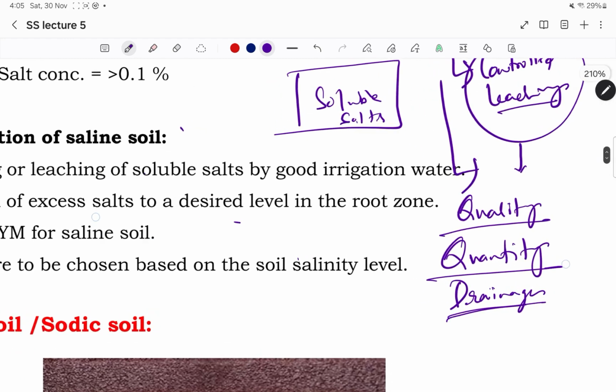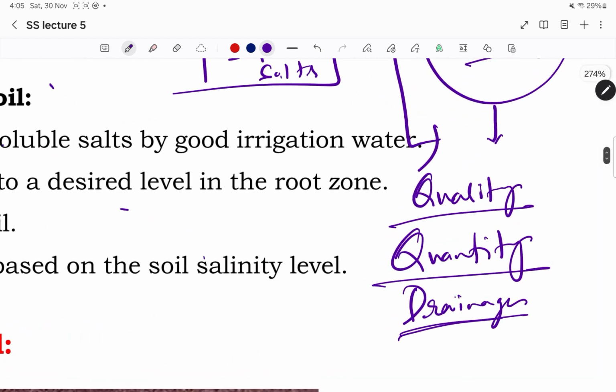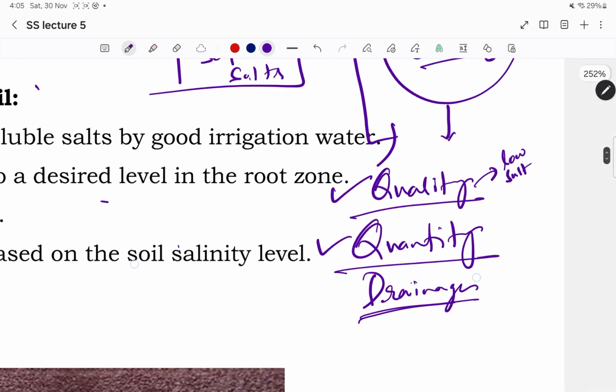Quality means the water we irrigate to the field should not contain salts, it should be low in salt. We have to consider this. And in terms of quantity, this depends on the root zone.